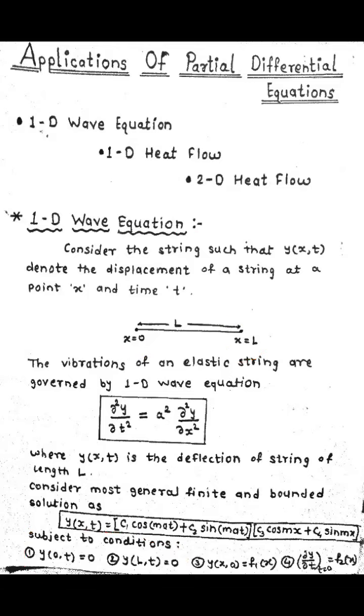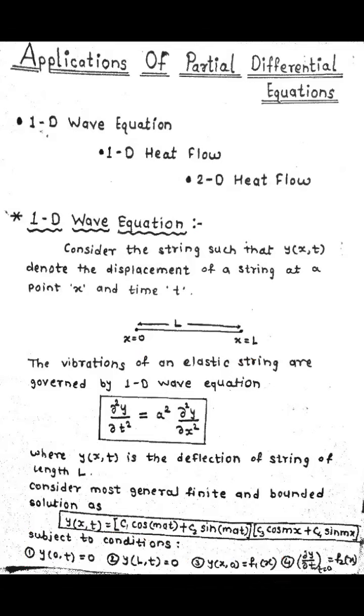Now third is y(x,0) = f1(x), for all x, and t is 0. So at t equal to 0, the deflection is provided and it is denoted by f1(x).